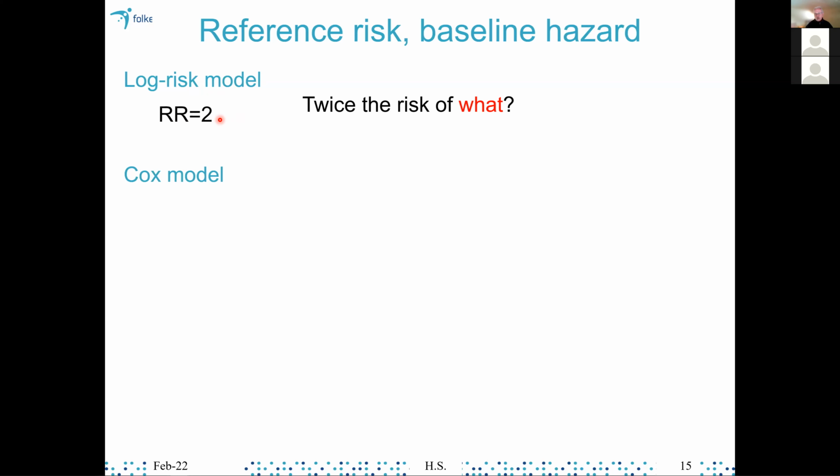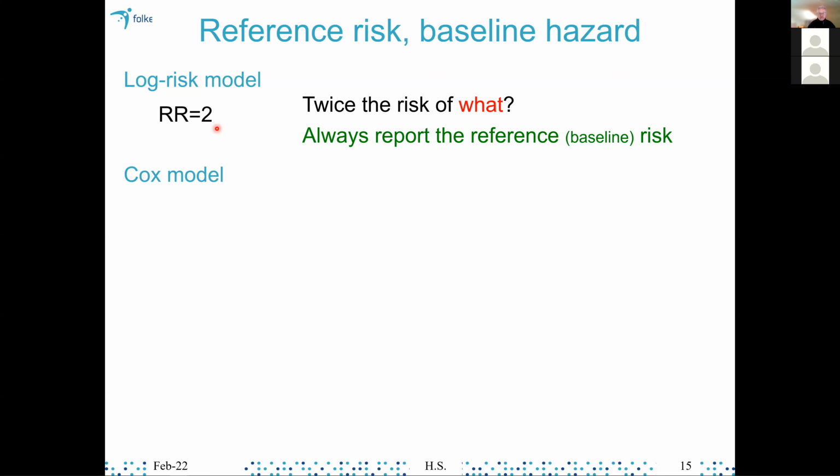Twice the risk of what? And the answer is you should always report the reference or the baseline risk when you have a risk ratio like this one. If your baseline risk is 1 over a million, this means that if you are exposed, your risk is 2 over a million, which is roughly the same.